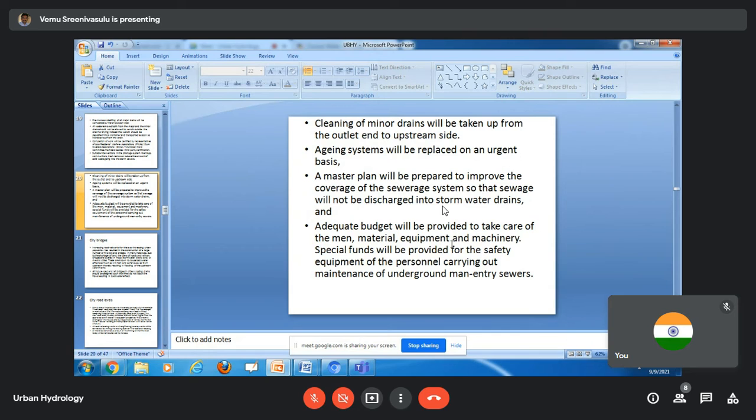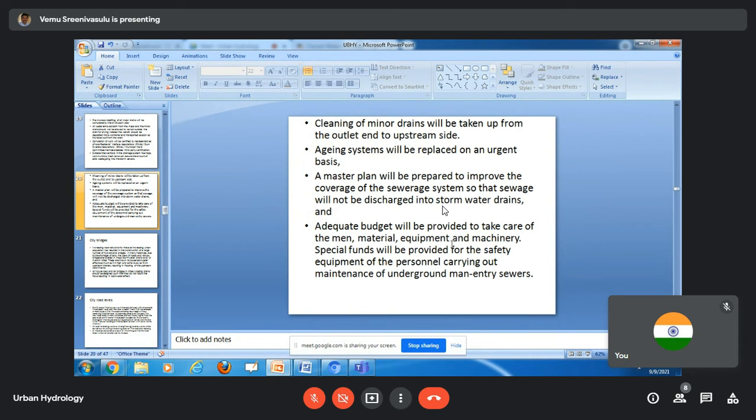Otherwise, what will happen if that is not there? Nowadays we can see a lot of real estate business. Approval is based on the master plan only. Even to construct a house, it should be based on the master plan, right?